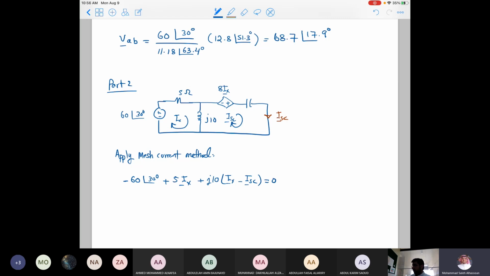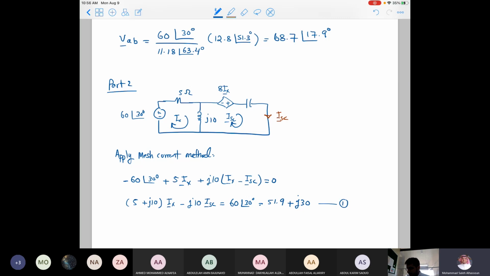So if I simplify it, I will end up with (5 plus j10) Ix minus j10 I short circuit equals 60 angle 30, or if I write it in rectangular form, I will get the value here. So this is the first equation.